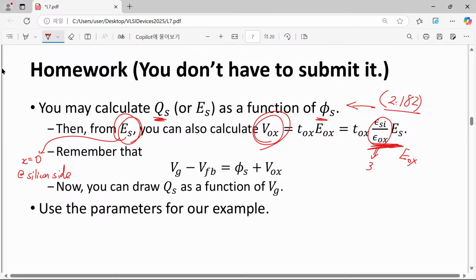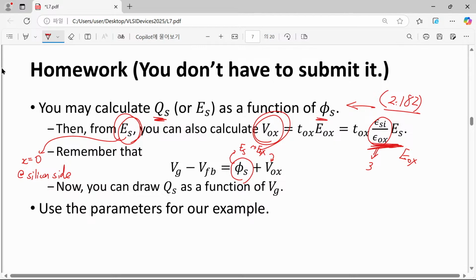So now please try this job. Now you have a given phi s value. From this given phi s value, you can calculate ES, obviously, and please convert it to the oxide field, and from this oxide field, please calculate the oxide potential difference.